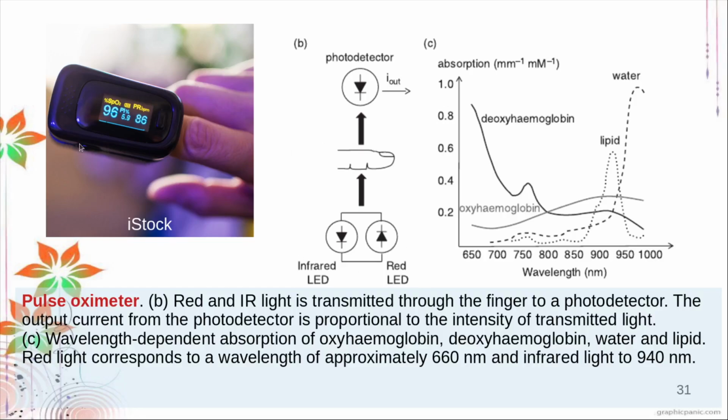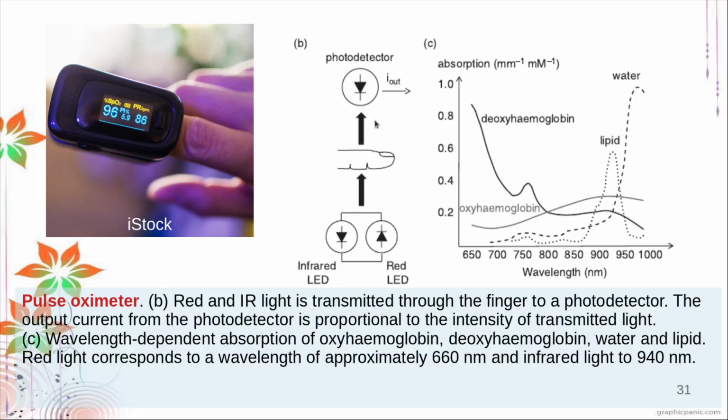If you look at the SpO2 sensor, you have a red light inside. The red and IR light is transmitted through the finger to the photodetector.